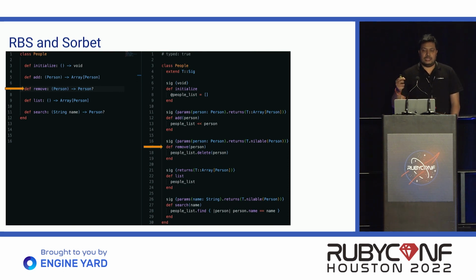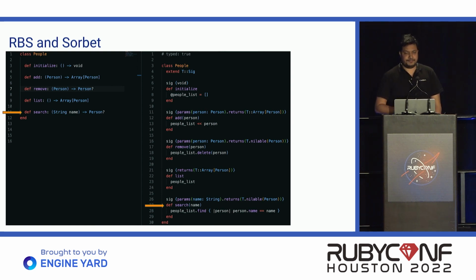The idea is that if it's going to return something, then it will return the person object, but if it does not, then it can be nil also. It's the same concept in the search function also: it accepts a string and might or might not return a person object.